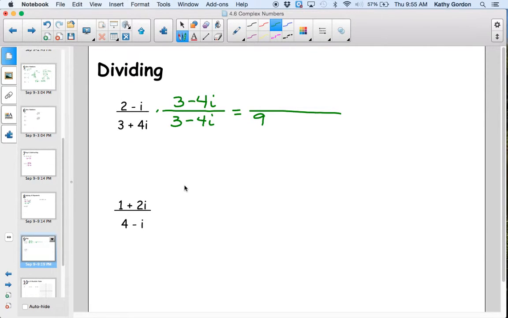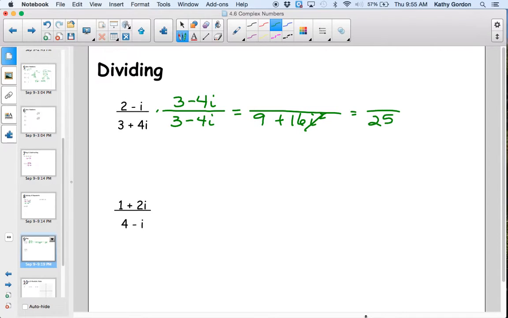So I've basically set up a difference of squares kind of situation. So my middle terms cancel out, which just leaves me then with my lasts, which will be a negative 16i squared. But then what? Hang with me for just a second. Yeah, this is going to turn into negative 1, so I really end up with 9 plus 16, and that's going to be a 25. Boom. No more complex number.